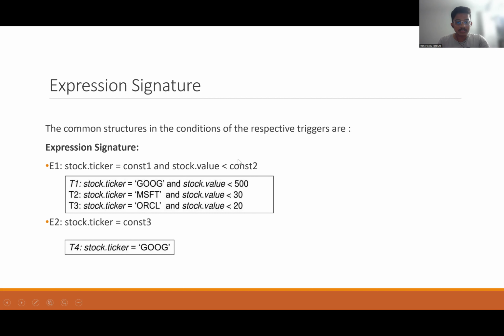This common structure is observed throughout the T1, T2, and T3 triggers, and stock.ticker is equal to constant 3 is observed in the T4 trigger, where only one constant value is used.